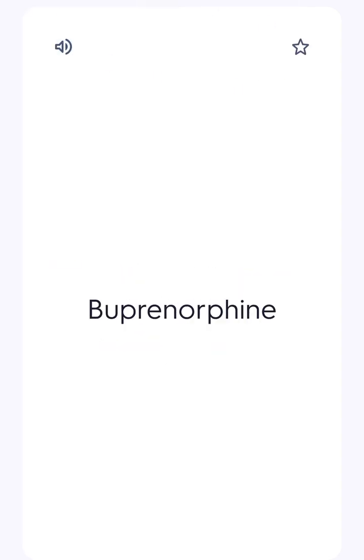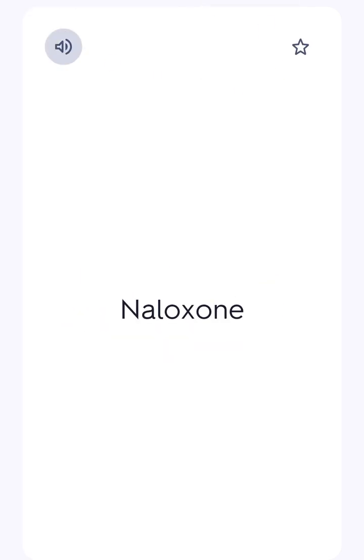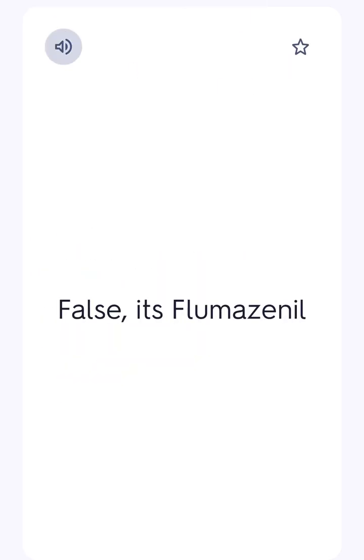Buprenorphine. The antidote for opioid poisoning is what? Naloxone. Fluoxetine is the antidote for benzodiazepine poisoning? False, it's flumazenil.